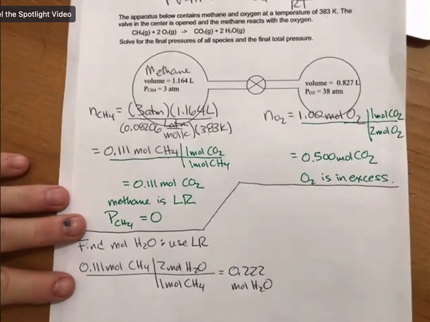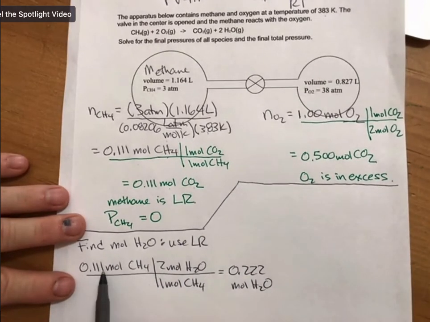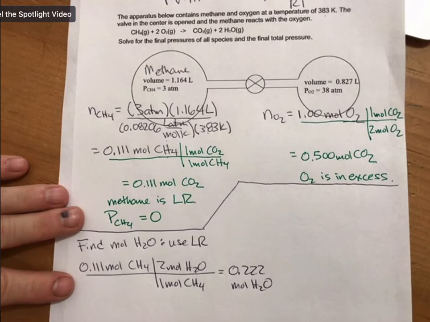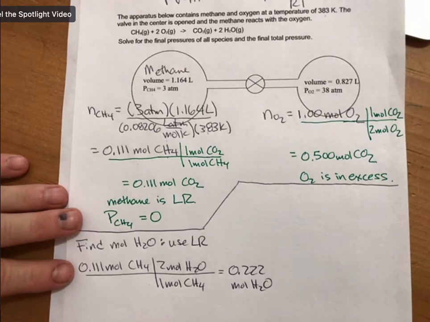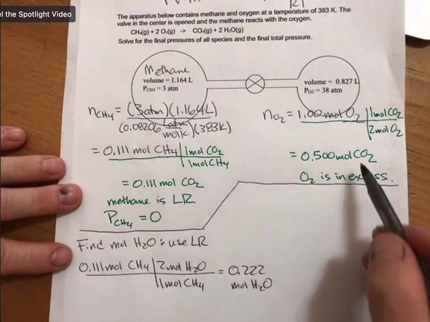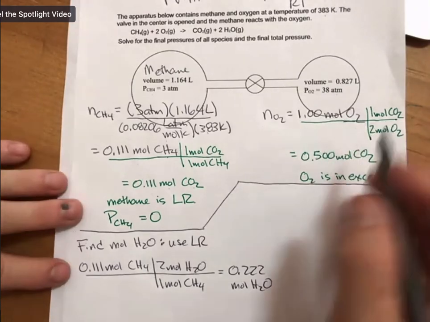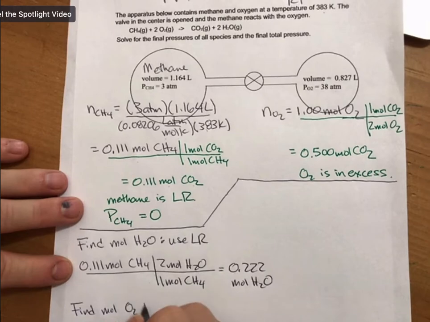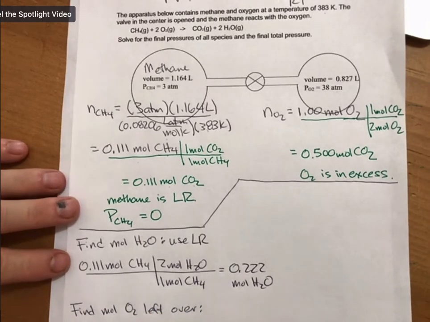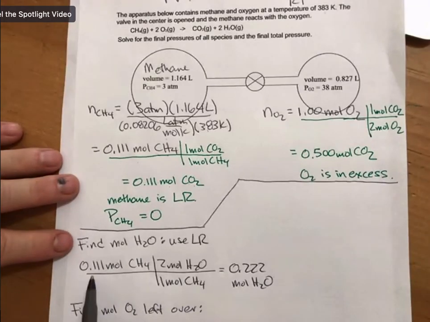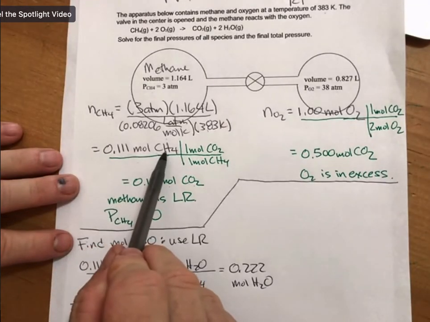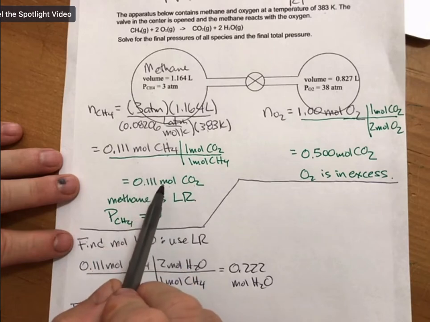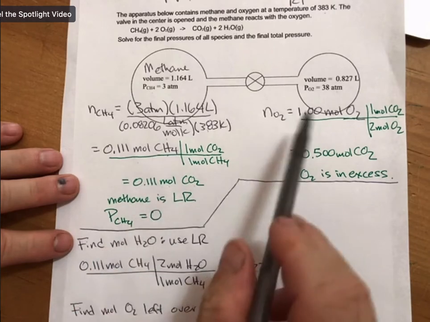So I just double those numbers for moles of CH4. Next, I'm going to find my moles of oxygen left over. To do that, again, I have to come back to my limiting reactant, find out how many moles of my O2 are reacted away with it.